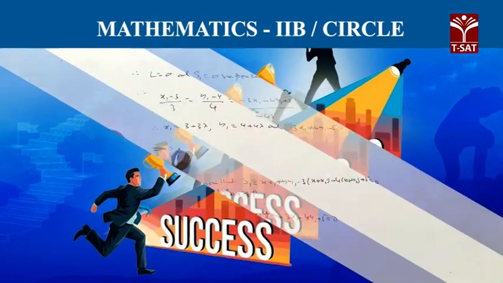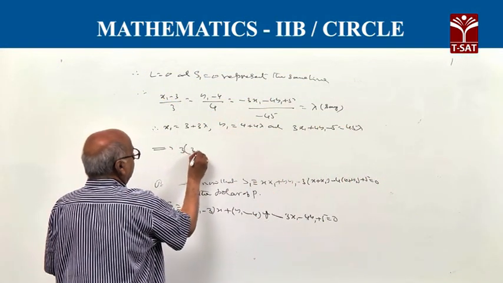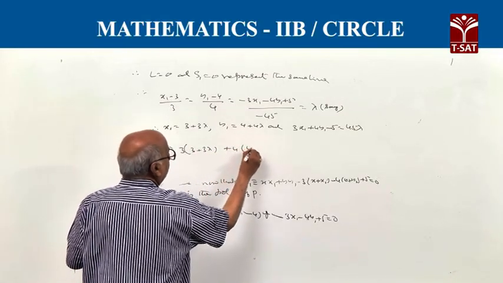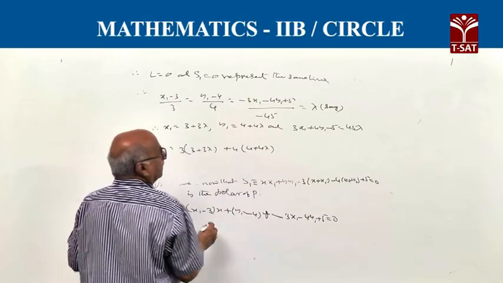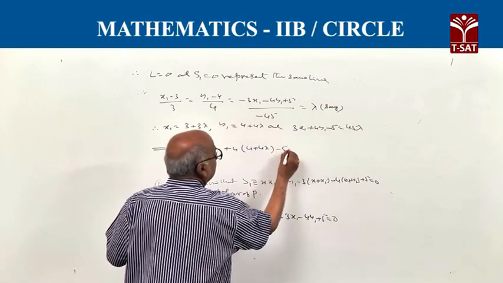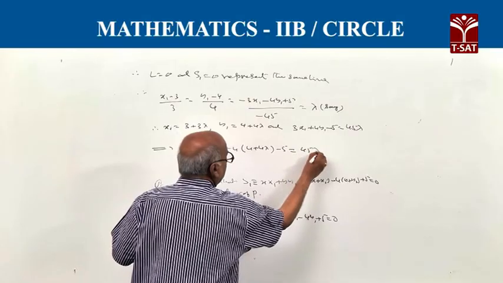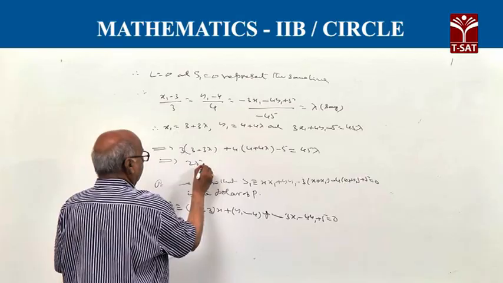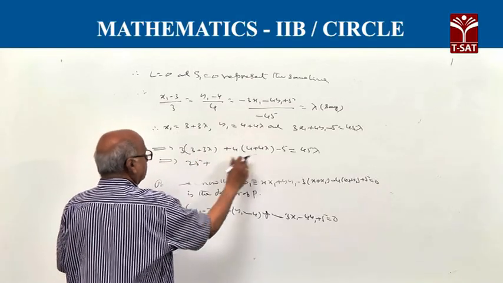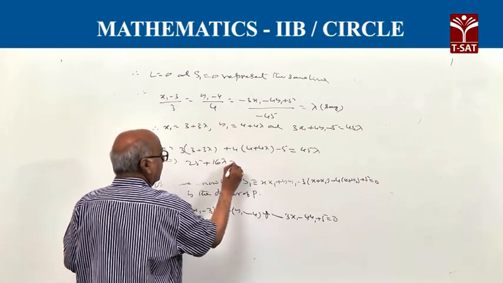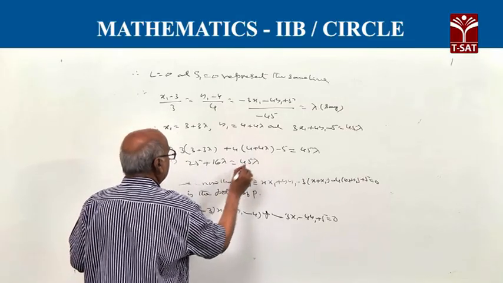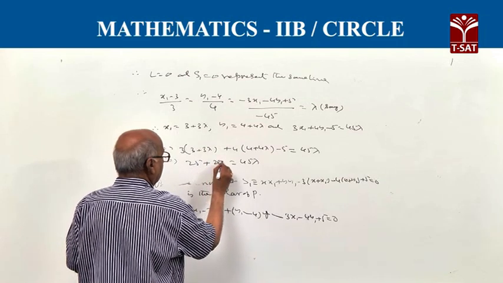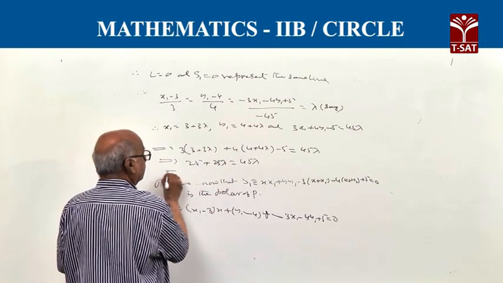That implies 3 into (3 plus 3 lambda) plus 4 into (4 plus 4 lambda) minus 5 is equal to 45 lambda. So, 9 plus 16, 25, plus 9 lambda plus 16 lambda, 25 lambda, is equal to 45 lambda.